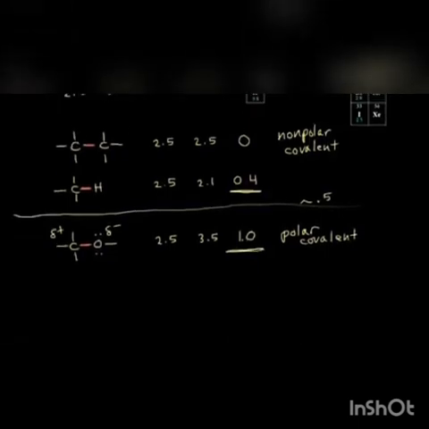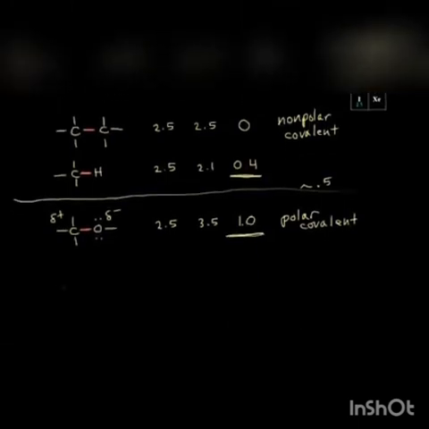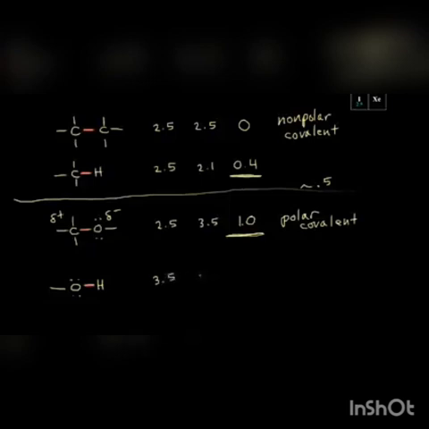Let's do another example. Let's compare oxygen to hydrogen. So let's think about what happens to the electrons between oxygen and hydrogen. So the electrons in red here. All right, so we've already seen the electronegativity values for both of these atoms. Oxygen had a value of 3.5, and hydrogen had a value of 2.1.